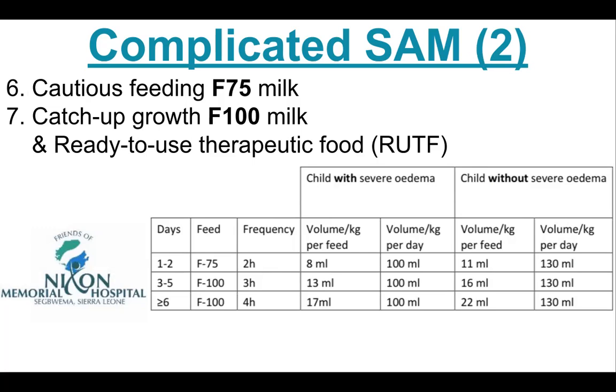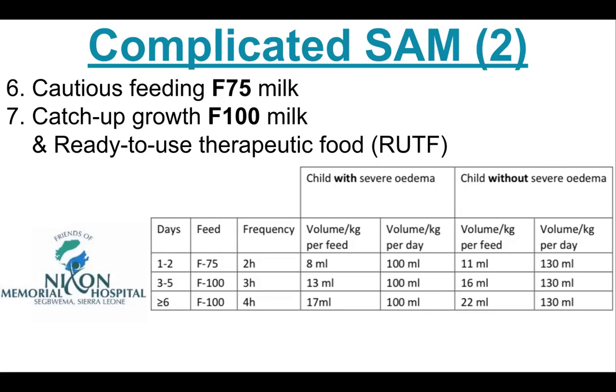And the amount of F75 is different for patients with severe edema or without severe edema. So let's focus on the children without severe edema. The volume is 100 ml per kilogram per day.